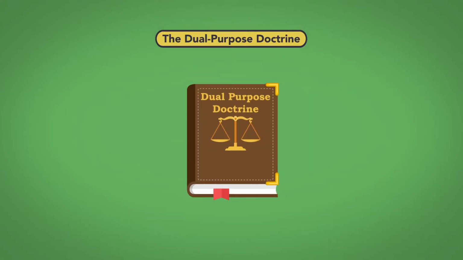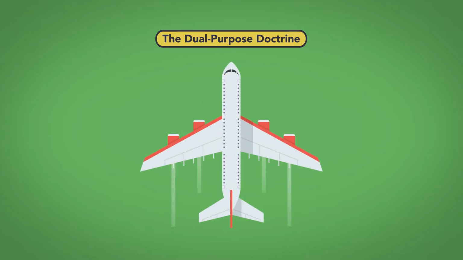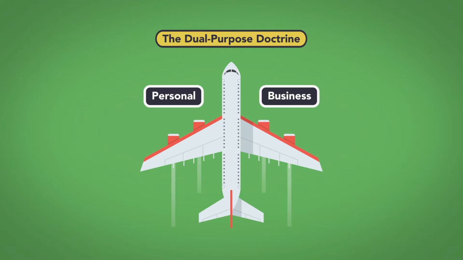The Dual-Purpose Doctrine. The Dual-Purpose Doctrine is followed by the majority of jurisdictions and applies to determine compensability when an employee goes on a trip that has both a personal and a business purpose.